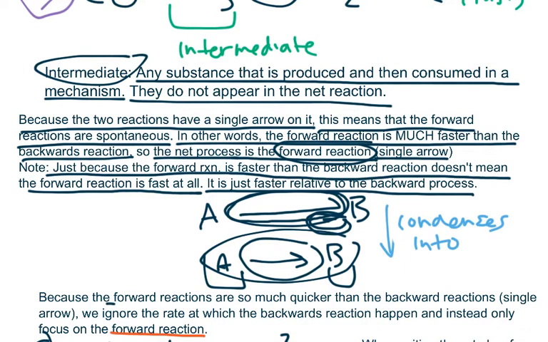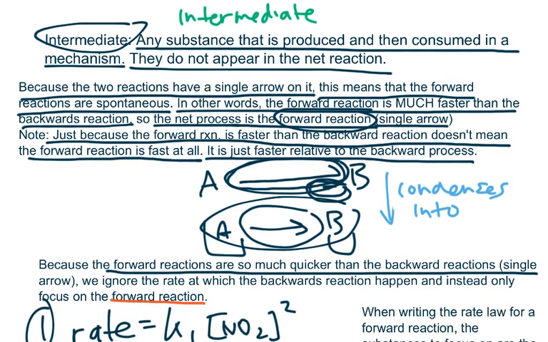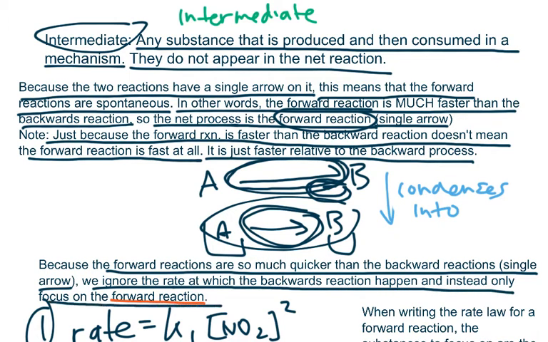Now, because the forward reactions are so much quicker than the backward reactions, which is why you have a single arrow overall, we tend to ignore the rate at which the backward reaction happens and instead only focus on the forward reaction.